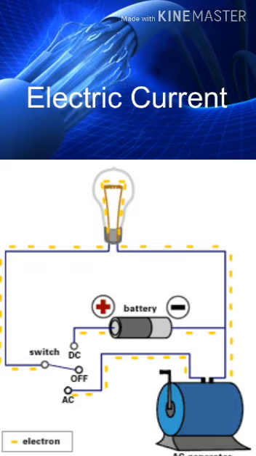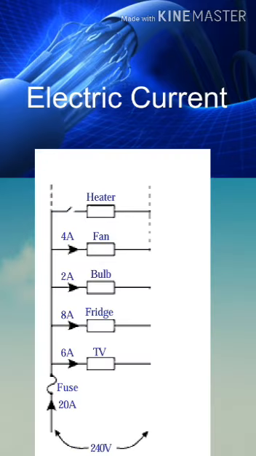Now you are seeing the household usage. For one switchboard, there is a fuse up to 20 amperes. For a TV, 6 amperes are needed, 8 amperes for a fridge, 2 amperes for a bulb, 4 amperes for a fan. Heater is 7 amperes.